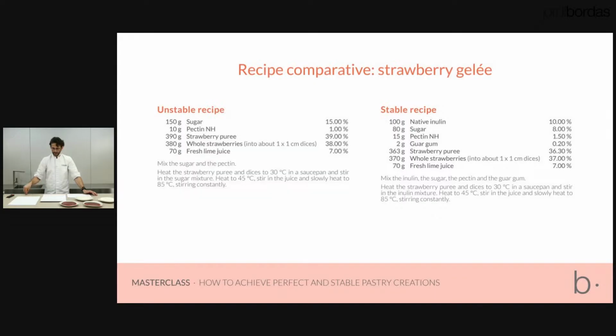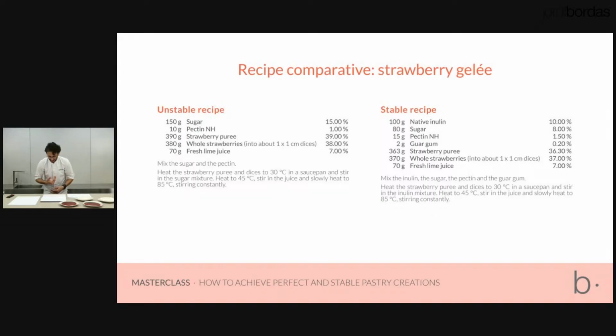In the second recipe, we have 18% between sugar and native inulin, so more dry extract, less water because we reduced strawberry puree and whole strawberries in our recipe, more stability, and introducing dry extract that has high water catchment capacity, we control the water better.